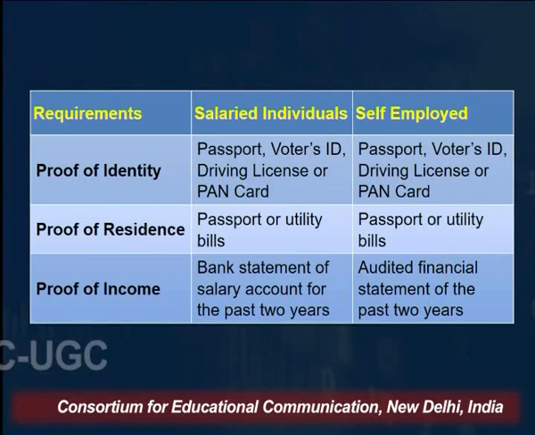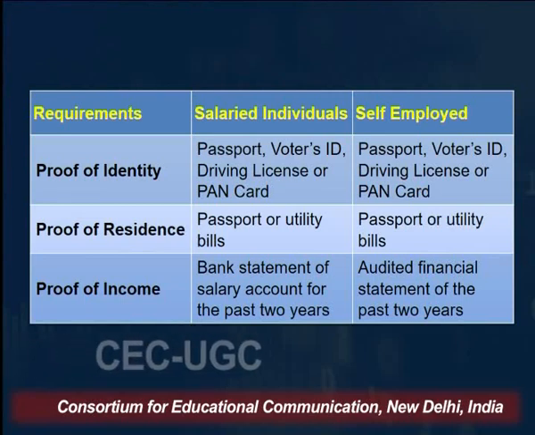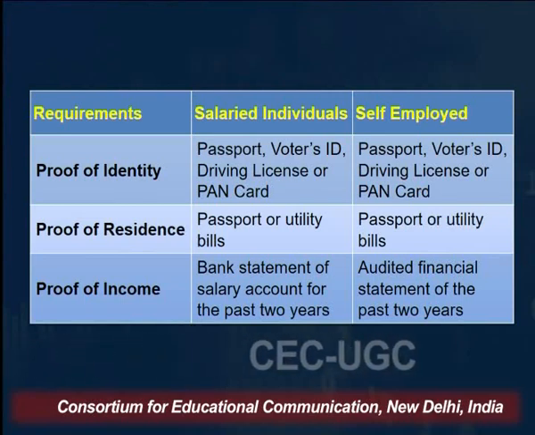For the self-employed category, audited financial statements of the past 2 years are required as proof of income. So for a personal loan, the first is proof of identity, then proof of residence, and then proof of income.